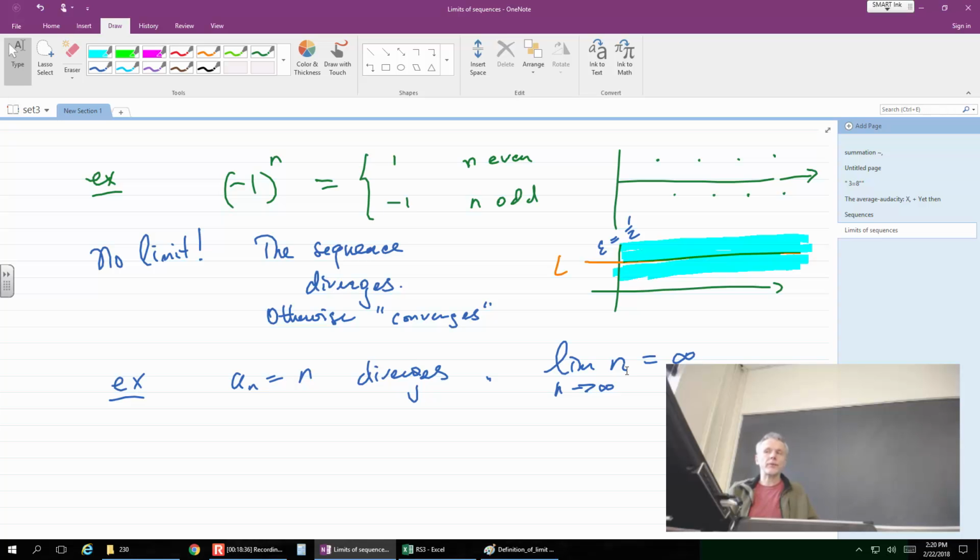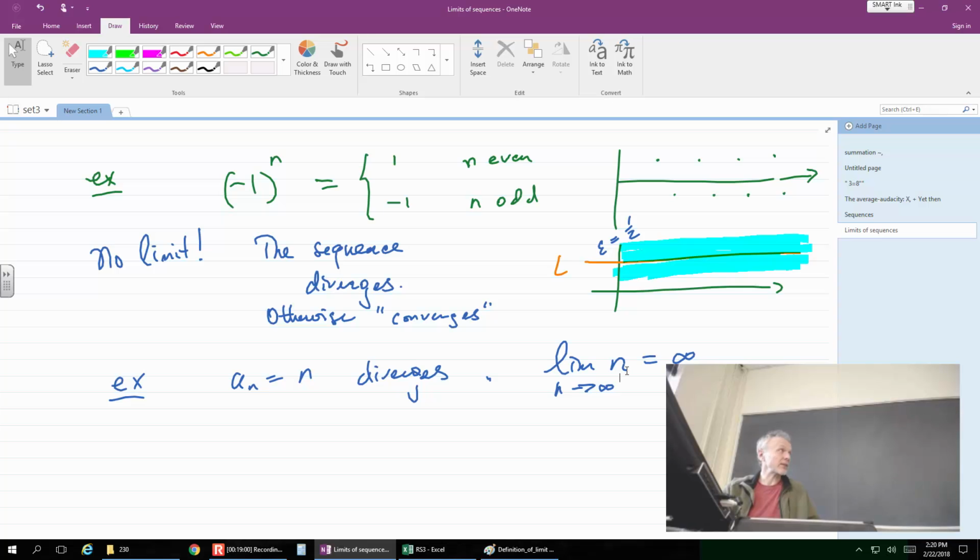Divergent to infinity is not as bad because at least we can say something positive or informative about that sequence. Even though there is no limit in the sense of a number, it still has something of a pattern. Oscillation between negative 1 and 1 is not a pattern. There's no accumulation of any kind. But if you were approaching infinity, that is something.